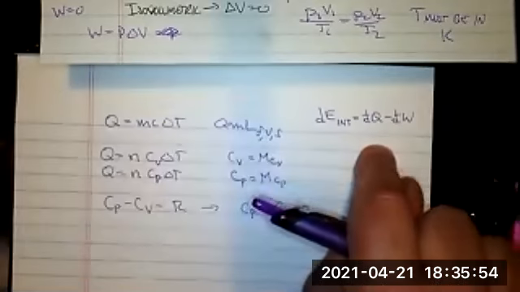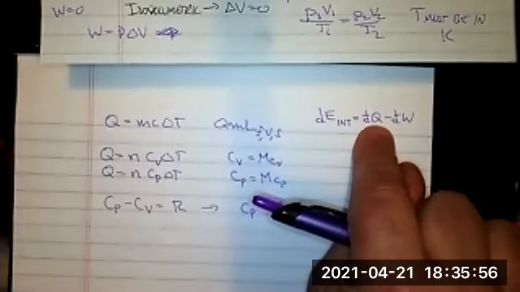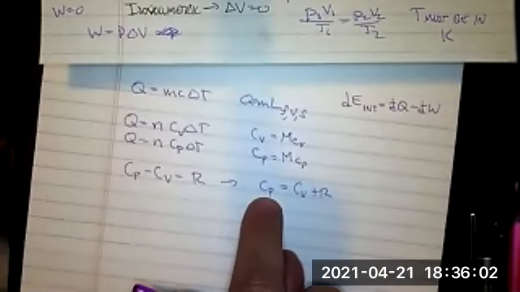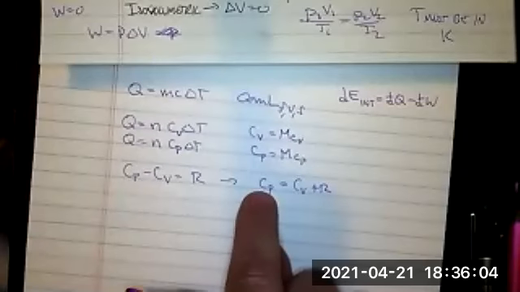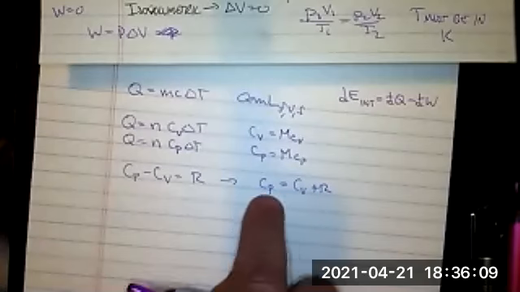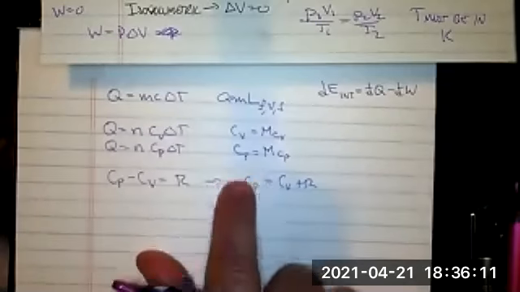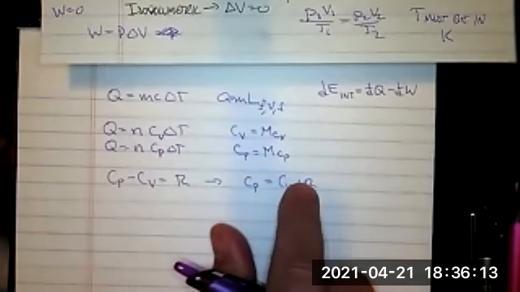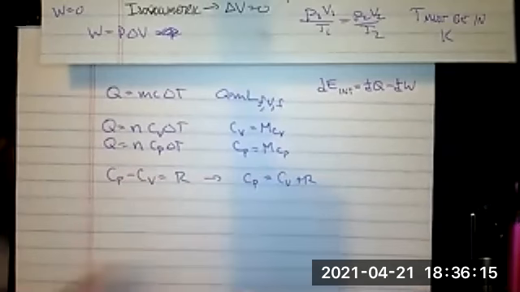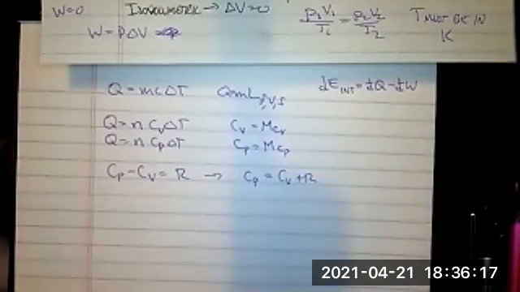Whereas at constant pressure, some of the heat can actually go into changing the temperature, but some can go to work. So you'd expect the specific heat at constant pressure to be larger than the specific heat at constant volume, because it could absorb more energy before changing temperature. So this formula gives us exactly that representation. So from a physics standpoint, it makes a lot of sense to me.